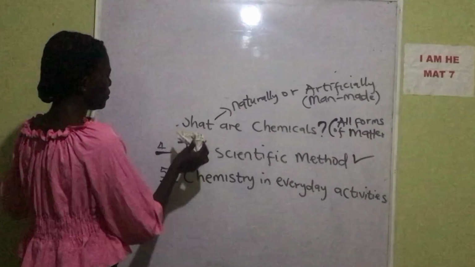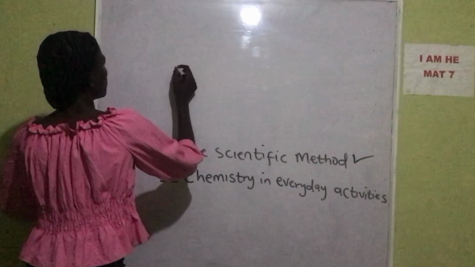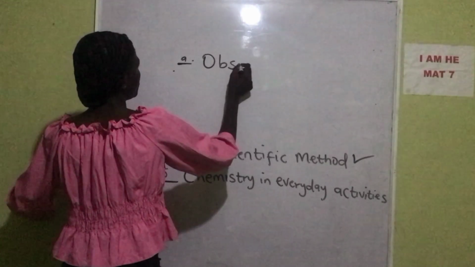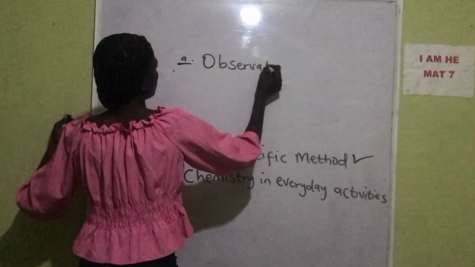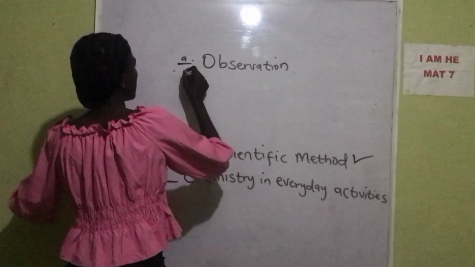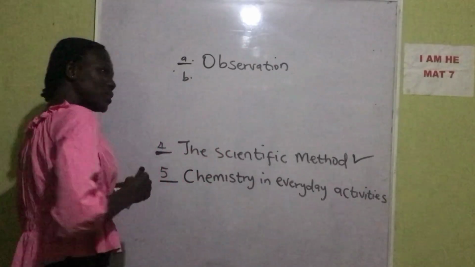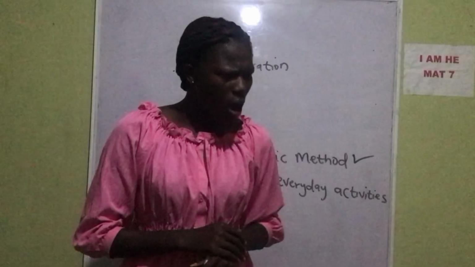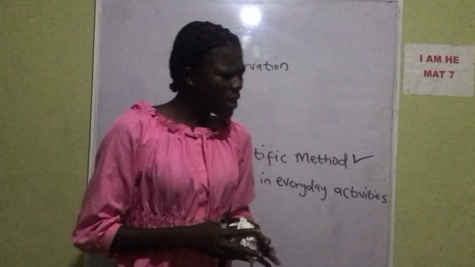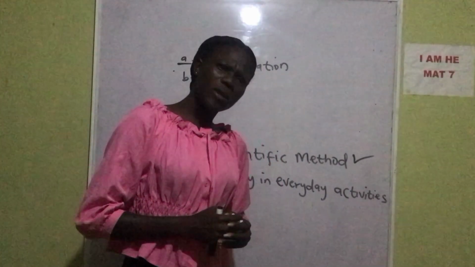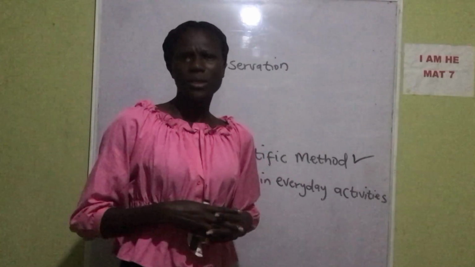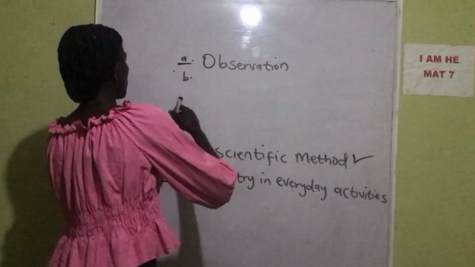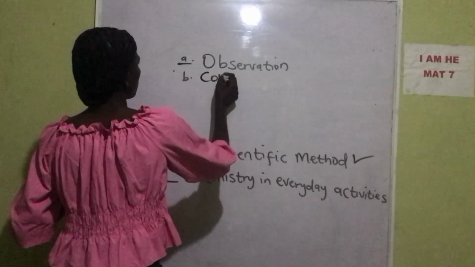First is observation. You start observing, making use of your eyes, your senses. You start looking out for things, looking out for opportunities. And after doing that, you take the next step. You collect data or facts.